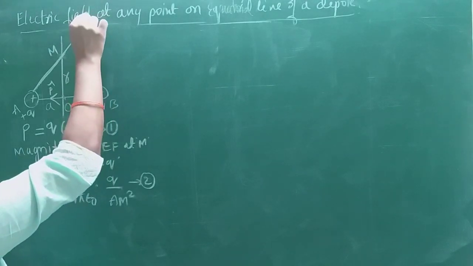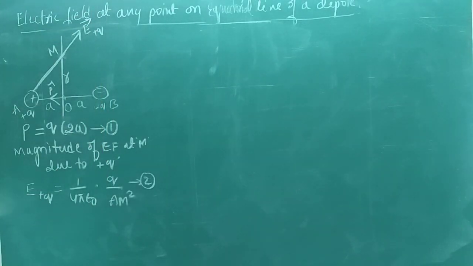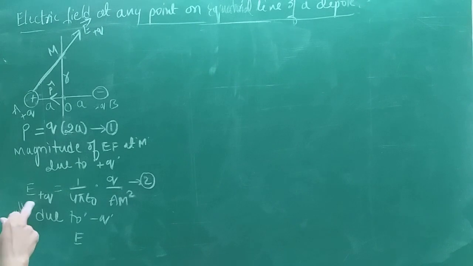Okay. And in the same way, the magnitude of electric field at M due to the negative charge, minus q charge, is E minus q. Here we are considering only magnitude, right?